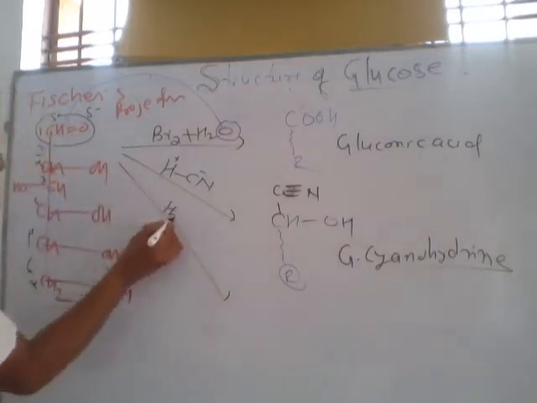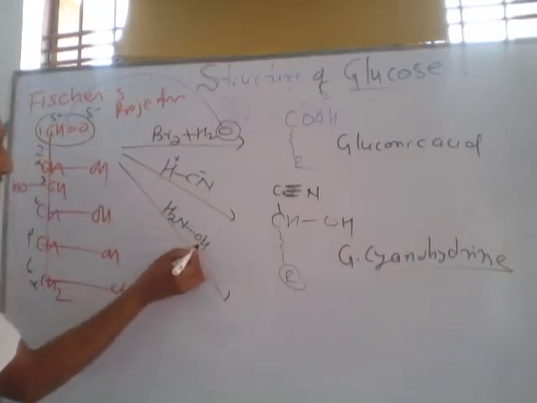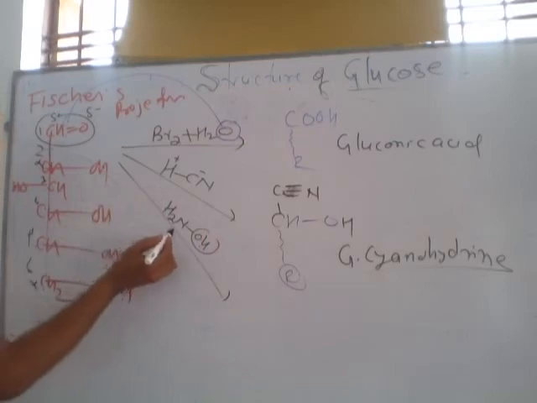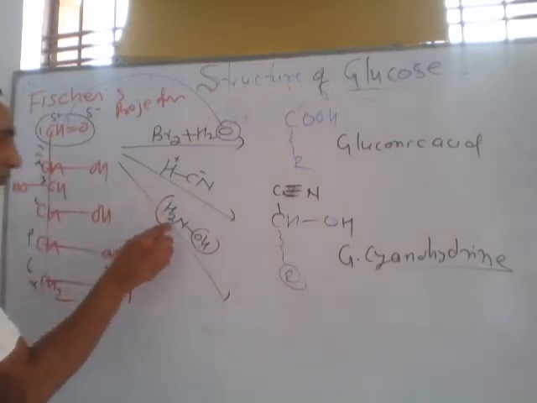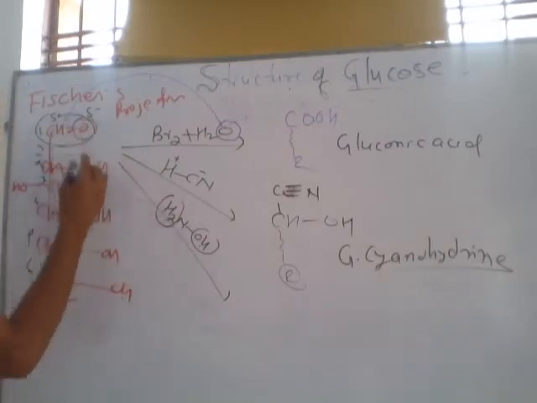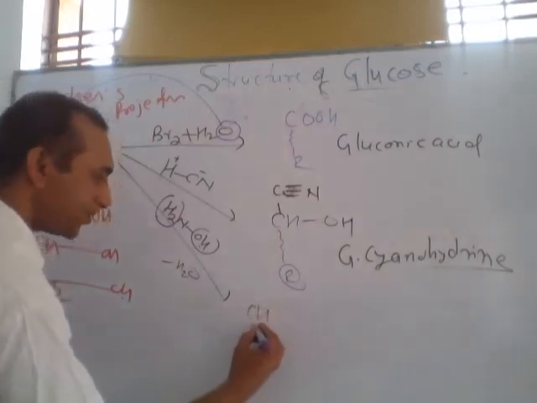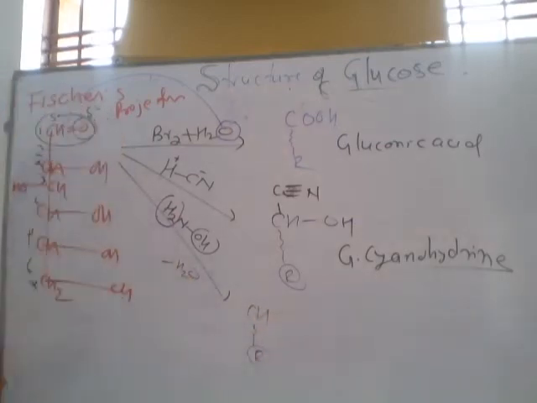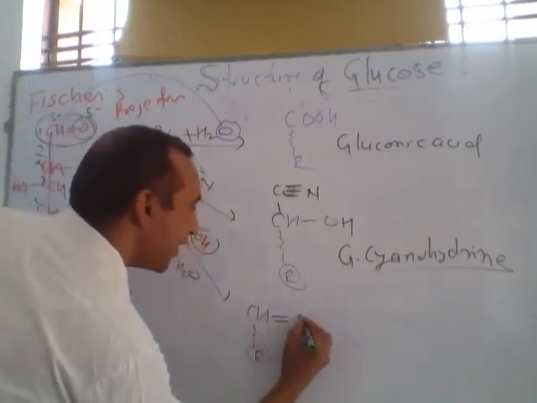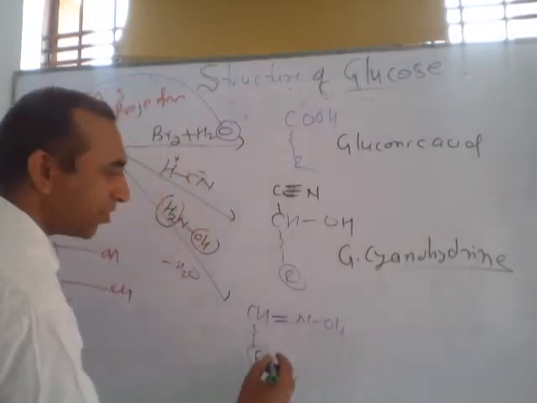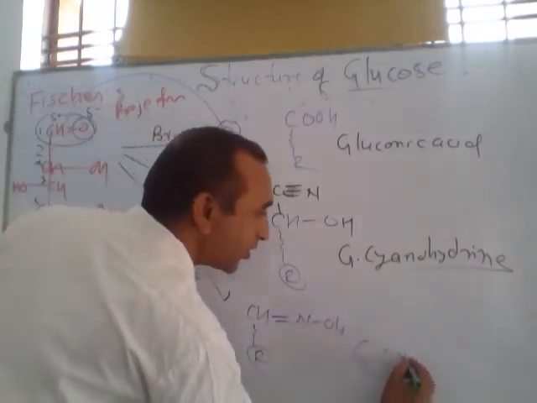Another compound is called hydroxylamine. This is hydroxyl, this is amine. In the reaction of hydroxylamine, simple, what? This H2 and this oxygen, these two react and remove a water molecule, and what happened? This R means this whole chain, CH with double bond connected with N. This compound is called glucose oxime.